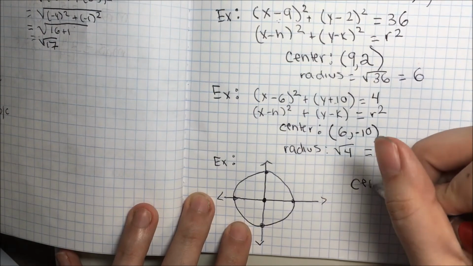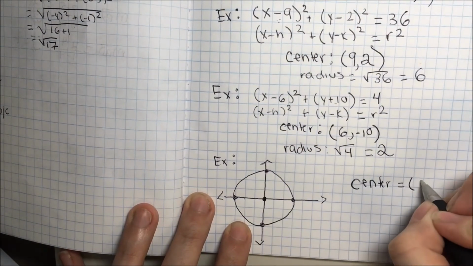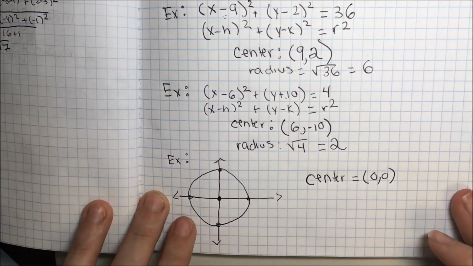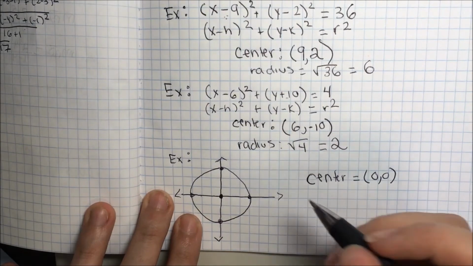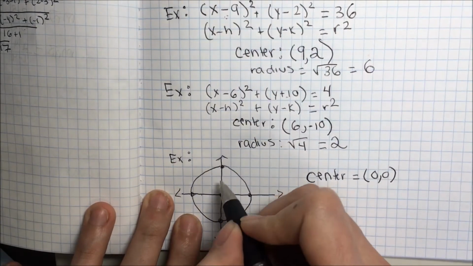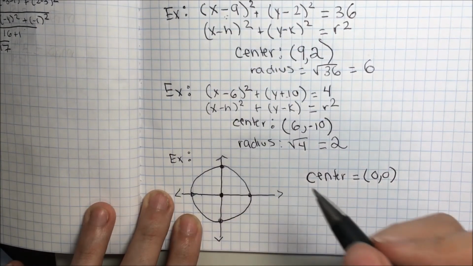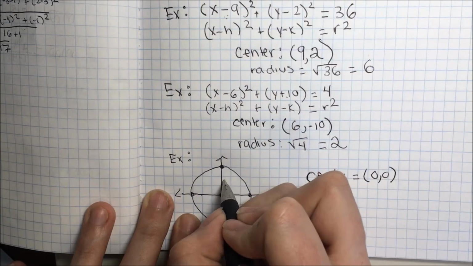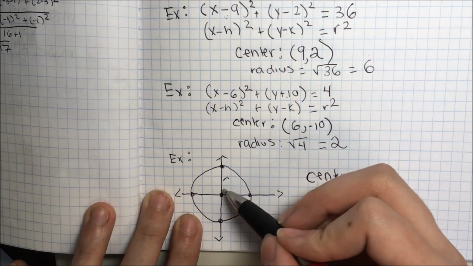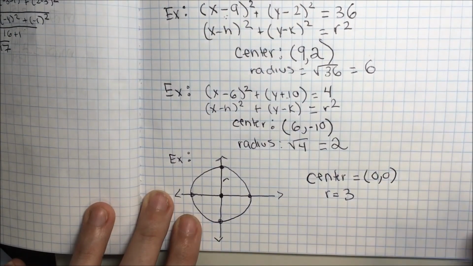So we state that our center is here, so that point is (0, 0). So remember, all points are going to be the same distance from the center. So this would be our radius of the circle, and it goes up 1, 2, 3. So our radius is 3.